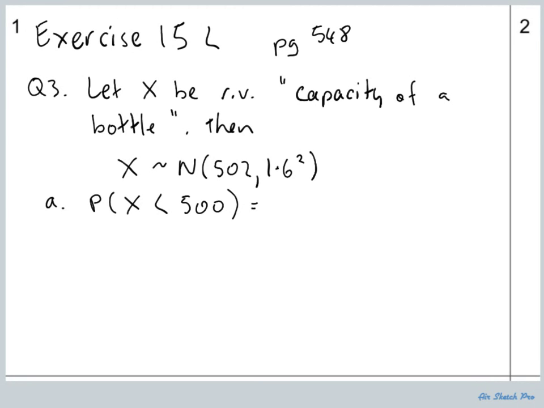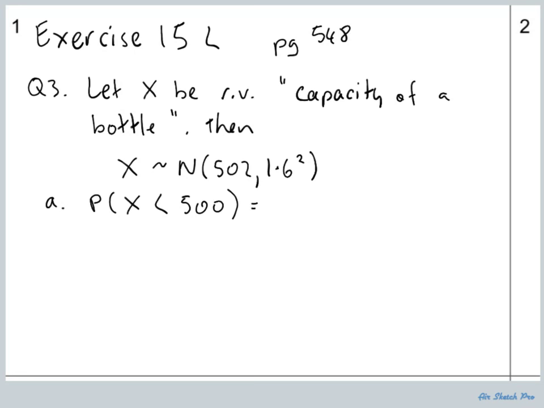So again, I don't have my calculations in front of me, so I'll just have to do it again. On my graphics calculator, I will go menu 5, 5, and I'm looking at a normal CDF, so number 2. We want X less than 500, so we leave the lower bound as negative infinity, whatever that big negative number is, and the upper bound is 500.